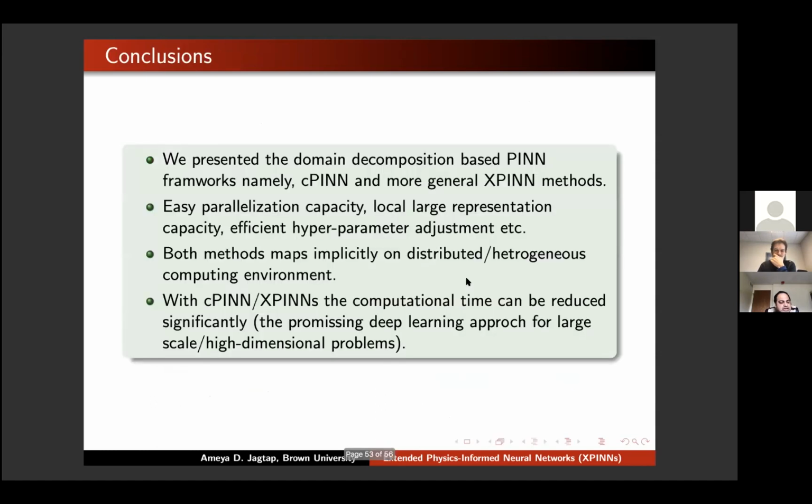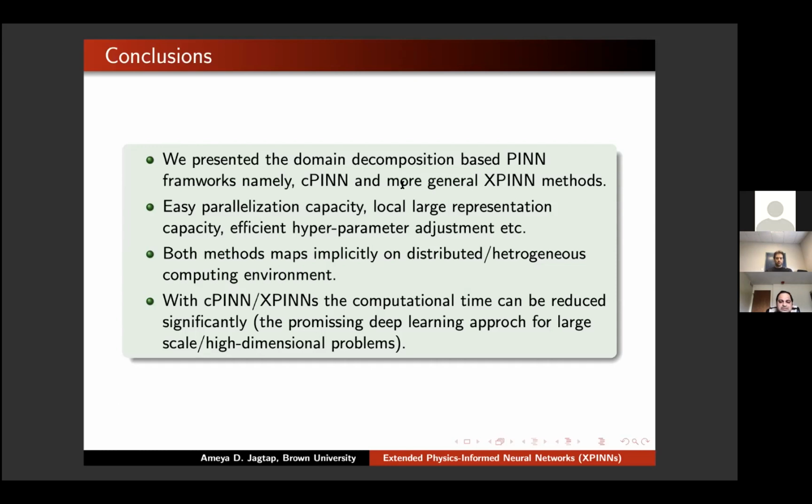So I guess these are the conclusions. Here we presented domain decomposition based PINNs, namely conservative PINN and the more general XPIN. They have all the advantages like parallelization capacity, large representation capacity, and efficient hyperparameter adjustment. But compared to CPIN, XPIN also decomposes in time.